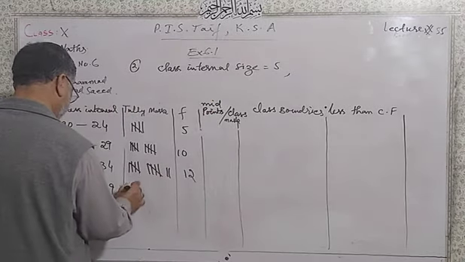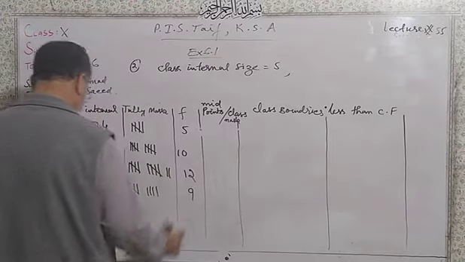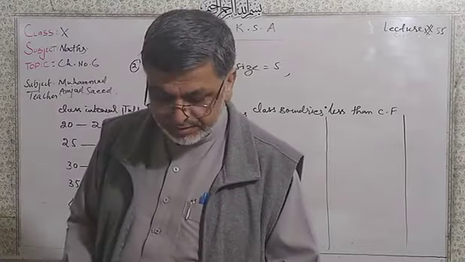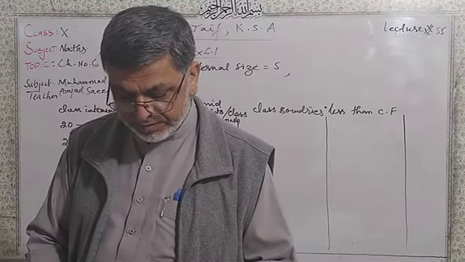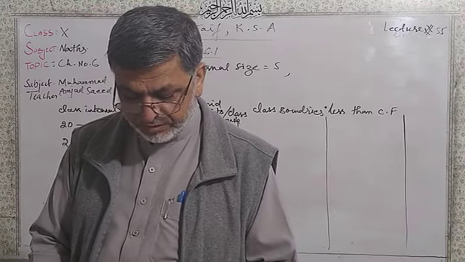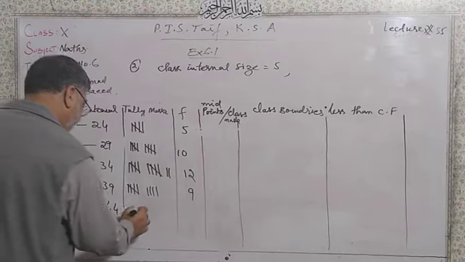Then 40 to 44. 1, 2, 3. There are 3 values.